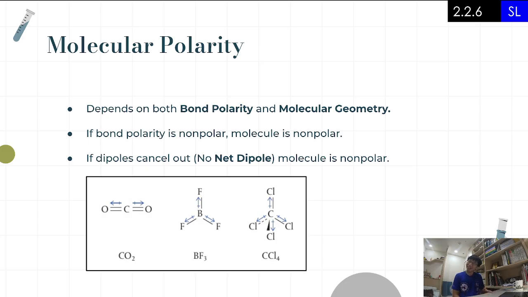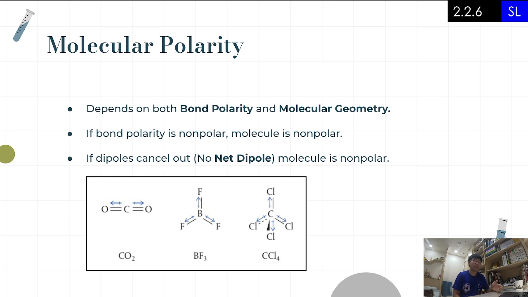Not exactly accurate, but if the bond electronegativity difference is less than 0.4, the molecule will be nonpolar. Just say that. And also, remember the molecular geometry, where we have tetrahedrals or T-shaped or trigonal planars. If the dipoles cancel out and there's no net dipole, then the molecule is also nonpolar.